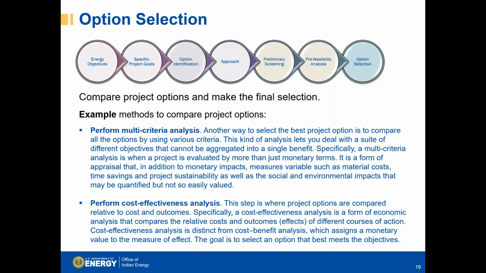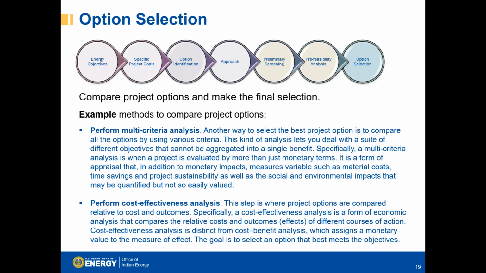This kind of analysis lets you deal with a suite of different objectives that can't be aggregated into a single benefit. Specifically, multi-criteria analysis is used when a project is evaluated by more than just monetary terms. It's a form of appraisal that, in addition to monetary impacts, measures variables such as material costs, time savings, project sustainability, as well as social and environmental impacts that may be quantified but not easily valued.